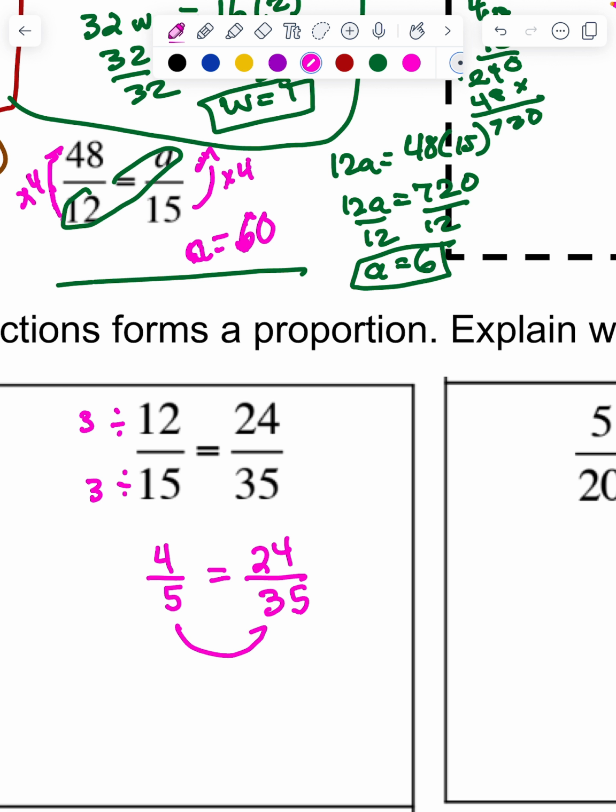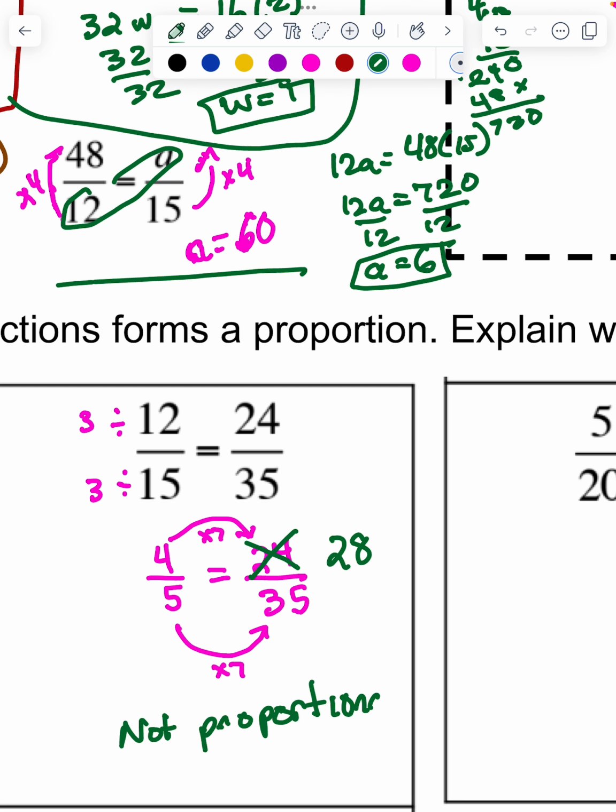I can go from here to here times 7. Here to here, I must multiply by 7. 4 times 7 is not 24. It would be 28. So these are not proportional. That is another way to do it.